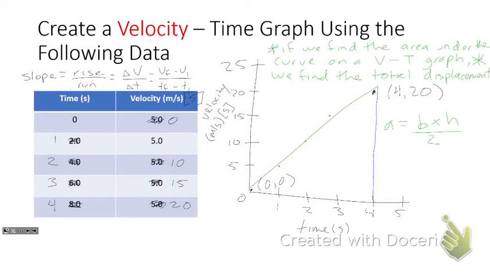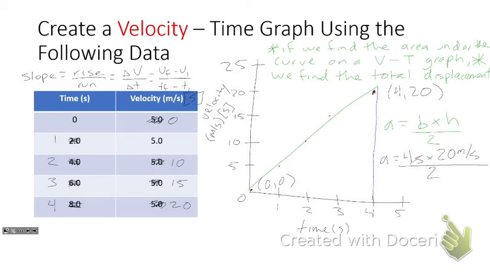So what is my base? It is right here. So it is 4 seconds. Units are important here as well because they're going to help us. So area is equal to 4 seconds times the height, which is 20 at its highest point, right? So 20 meters per second, divided by 2. A second multiplied by a meter per second, our seconds are going to cancel.